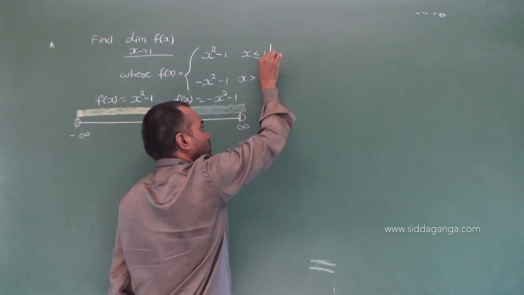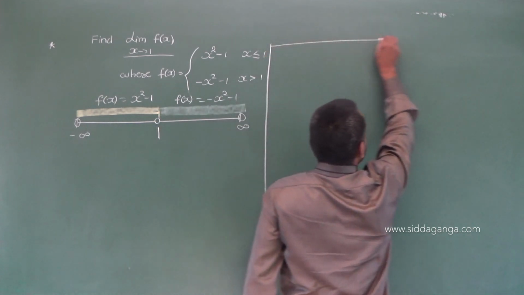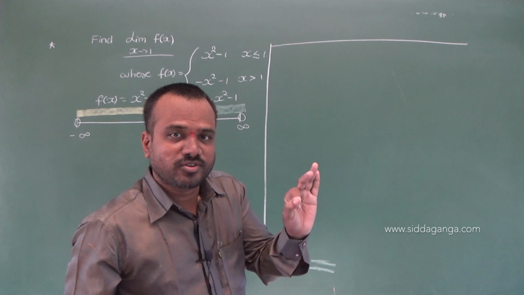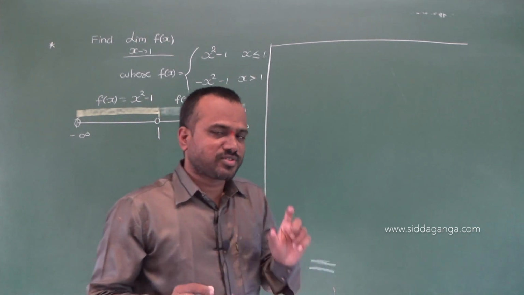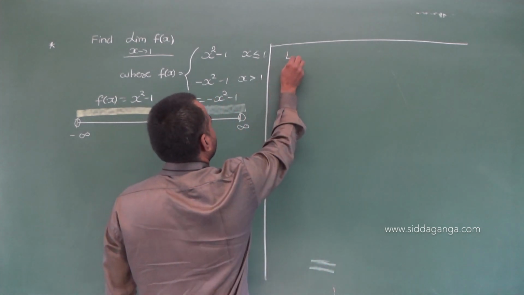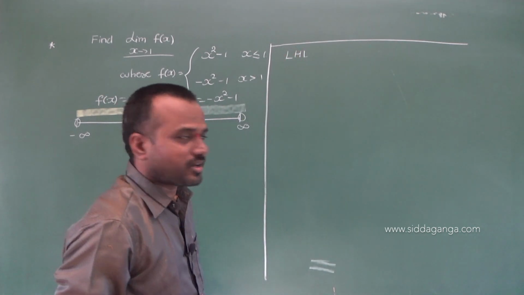So what we observe here is that the left side function and right side function are different. Understand? So in this case, we find individually the left hand limit and right hand limit.